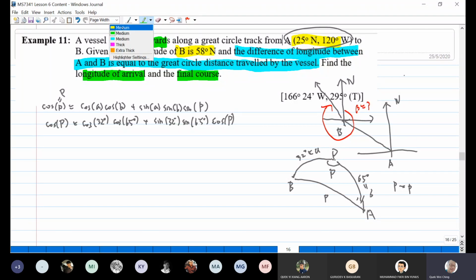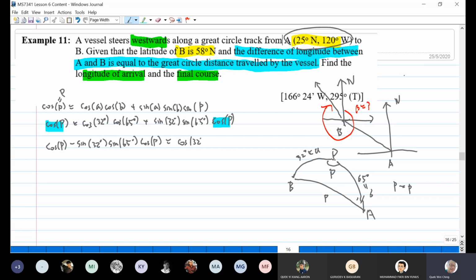So let's put them together. I have cosine P minus sine 32 degrees sine 65 degrees cosine P equal to cosine 32 degrees cosine 65 degrees.